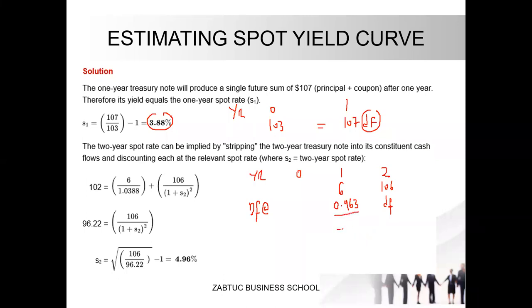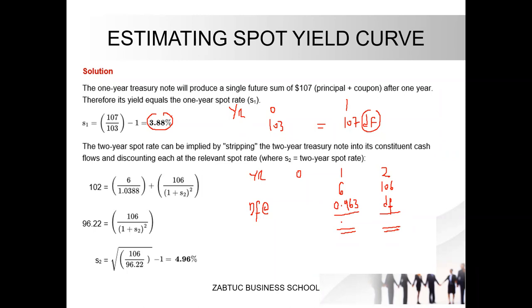So then, can somebody multiply 6 by 0.963? Two decimal places.